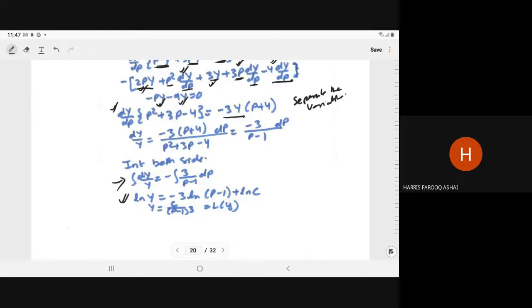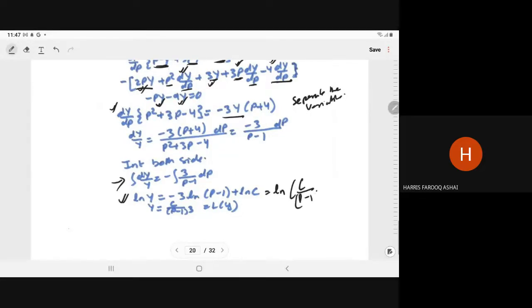So this is the ln of c upon p minus 1 whole cube. So y can be written as c upon p minus 1 whole cube.